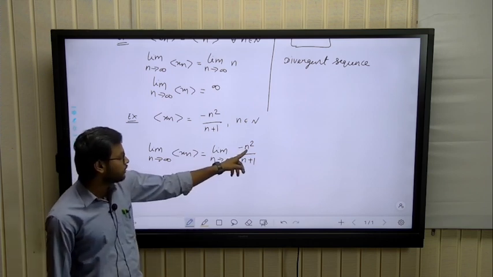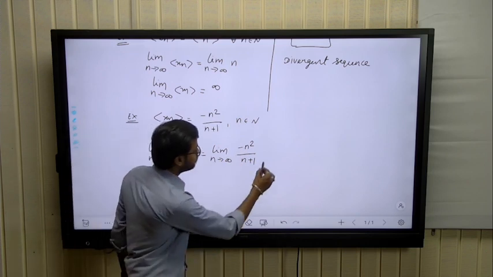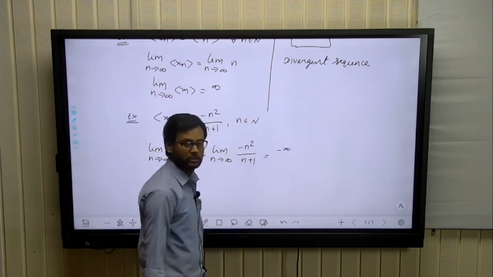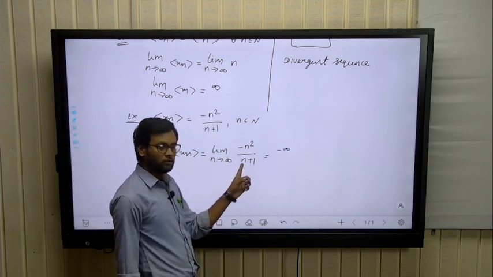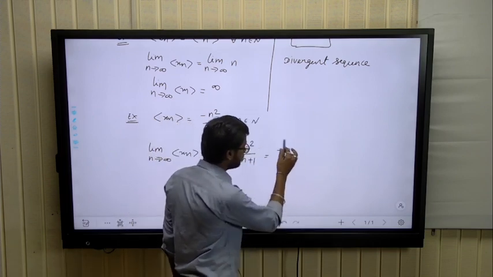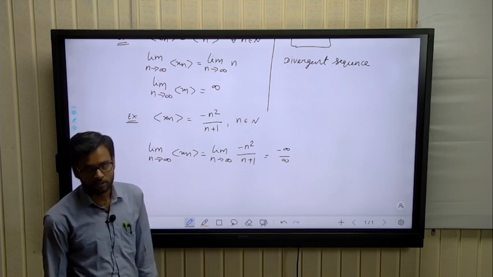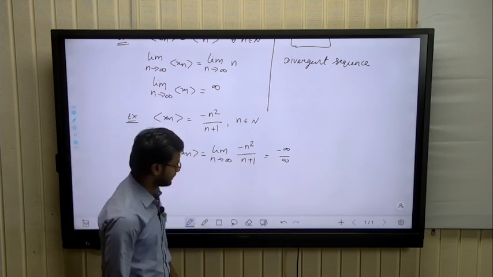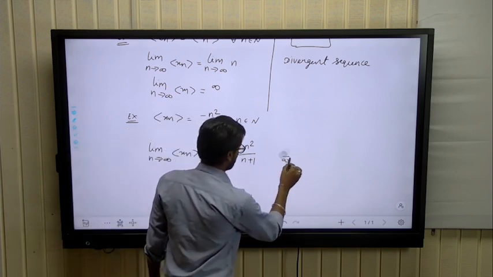If you put n as infinity, you get minus infinity in the numerator, and infinity plus 1 is infinity in the denominator. So basically you get an undetermined form, so it is necessary to solve it.